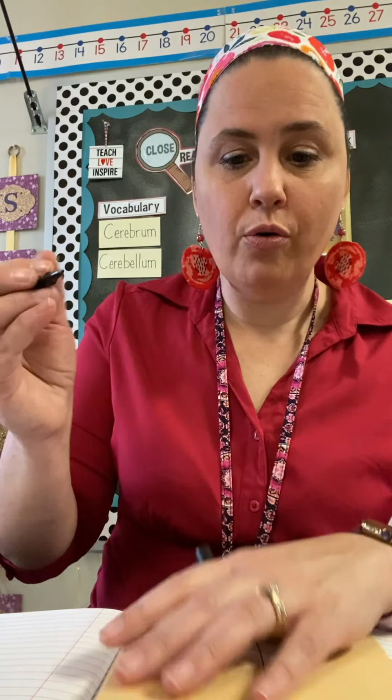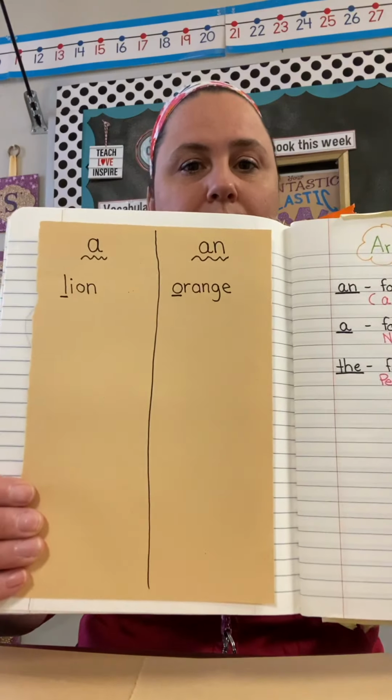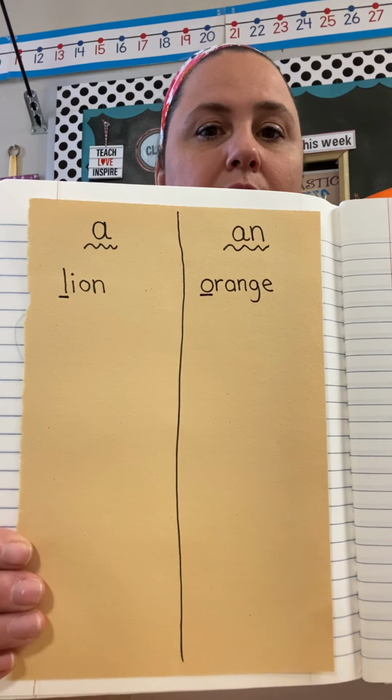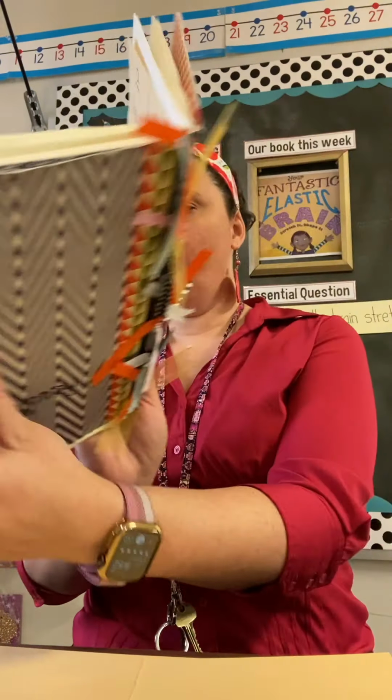An orange. So let's put orange under an. O-R-A-N-G-E. I'm going to go ahead and underline the first letter. A lion, an orange. All right, one more.